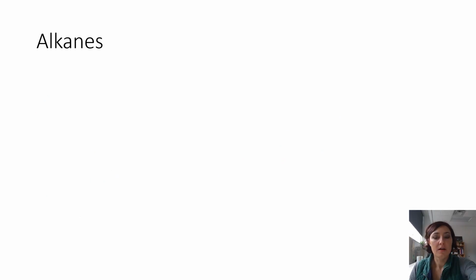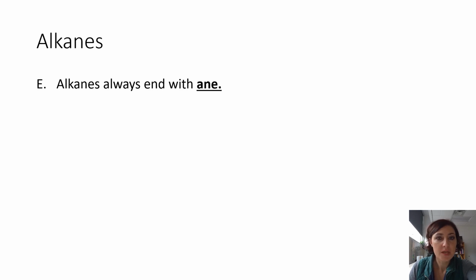All right, so let's talk a little bit more about our alkanes. We talked on the previous slide about the prefix, or the beginning of the word, always meaning that your alkane or your organic compound has a certain number of carbons.